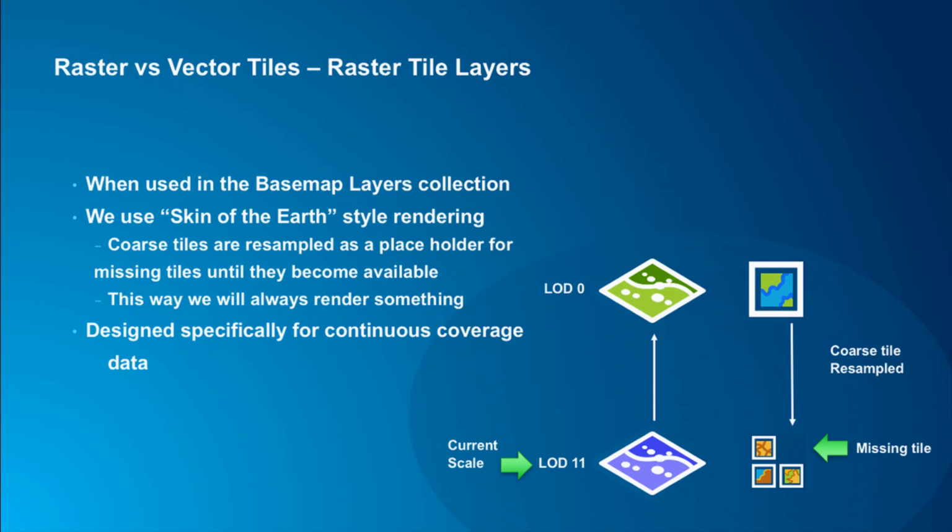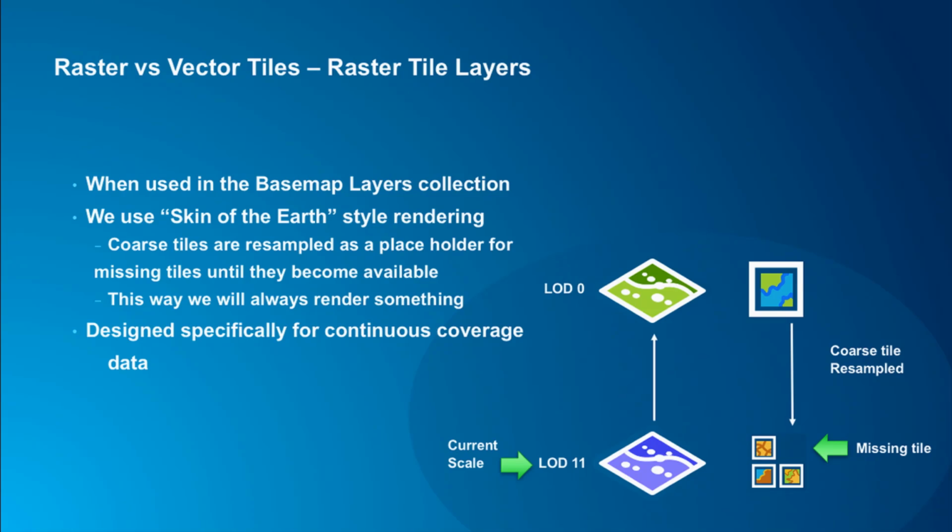Things that live in the base map layer collection are generally continuous data, continuous raster data if it's a raster tile layer. So when you pan your map really fast, you want to always see something, right? If you use any sort of mapping application and you pan really quickly, it's blurry, but you don't see the map background. And then slowly, as the tiles start coming in, it fills in the space.